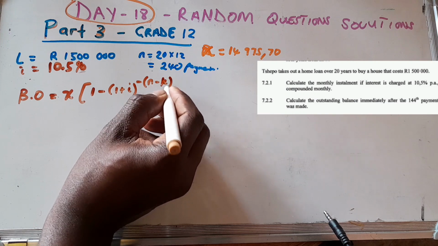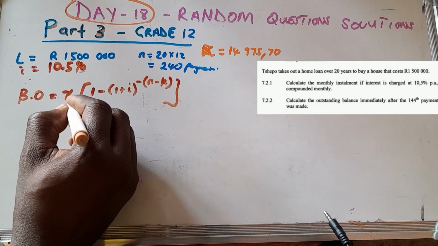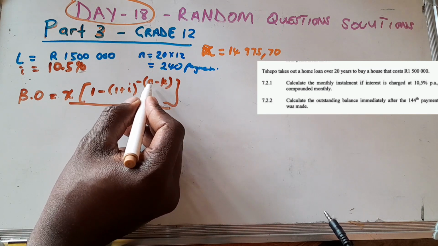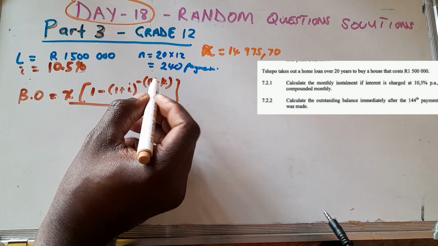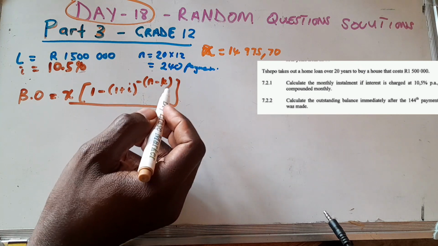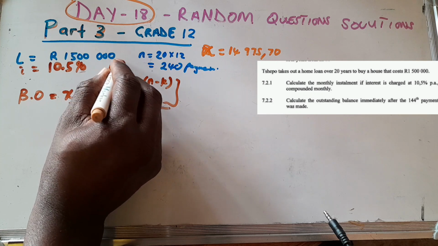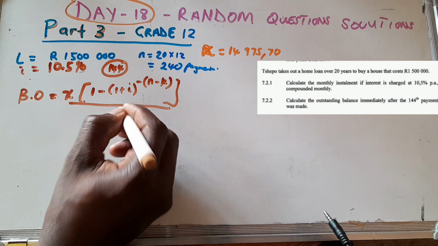So k represents the payments that are already made, and these are the payments to pay back the total loan. So n stands for 240, and then k stands for 144, because they said we already made 144 payments. So that's how you can use this.